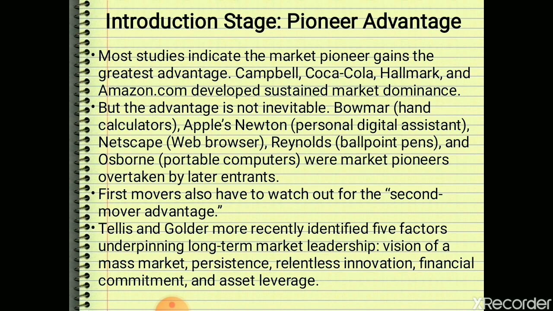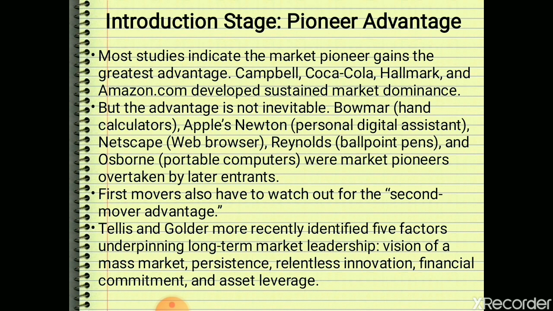But it is not always necessary that the first mover or pioneer will always be dominant or successful in that market. There are many examples like Palmer, the hand calculator; Apple's Newton, the personal digital assistant; Netscape, a web browser; Reynolds, the ballpoint pen; and Osborne, the portable computer. They were market pioneers at that time, but they were overtaken by late entrants.